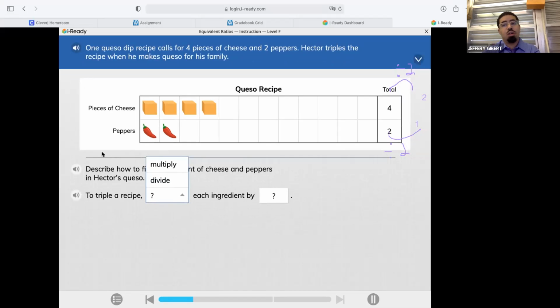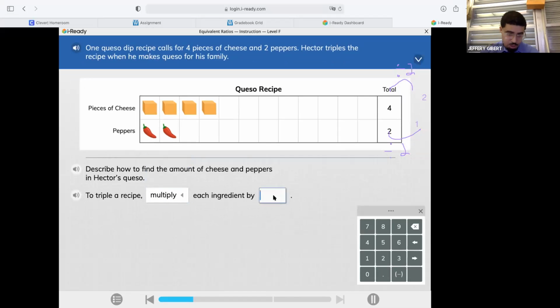All right, David, when you triple something, do you multiply or divide? Multiply. How much do you multiply by when you triple something? Yes. 3. So doubles multiply by 2, triples multiply by 3.